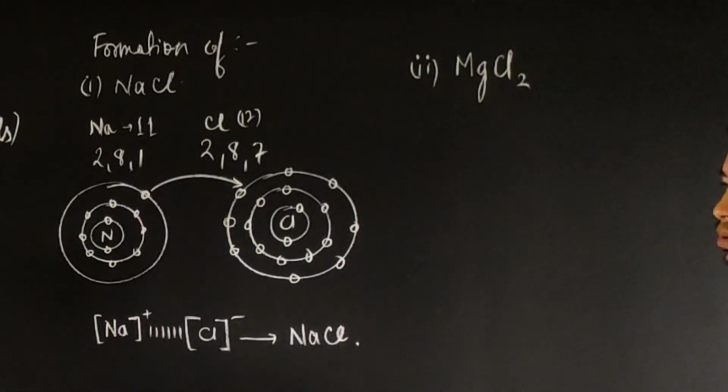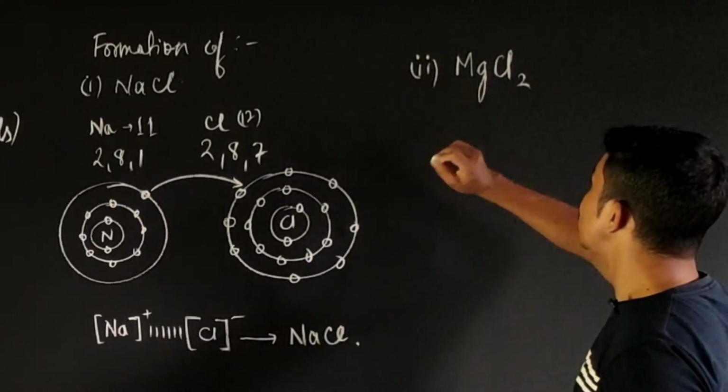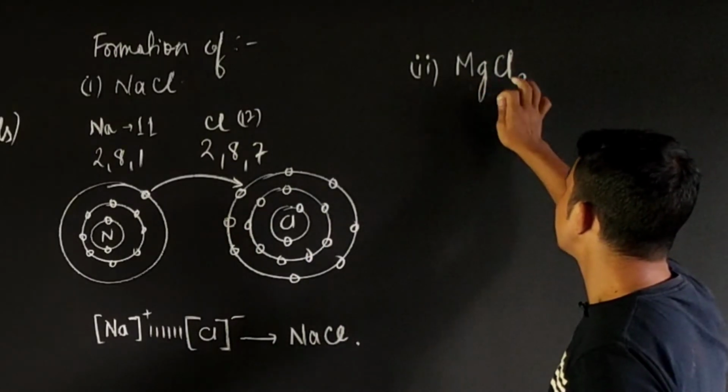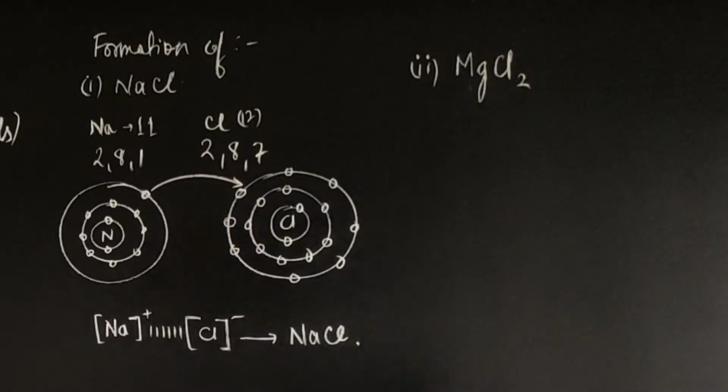Now coming to magnesium chloride, we can clearly see in the formula that one atom of magnesium combines with two atoms of chlorine.